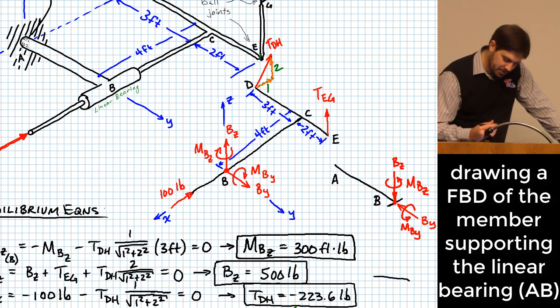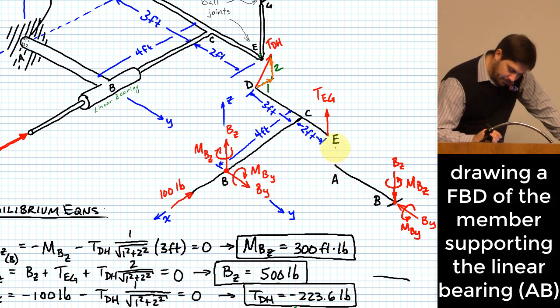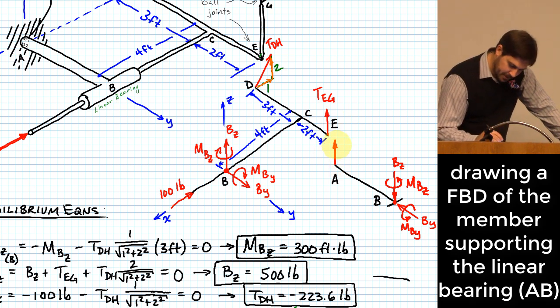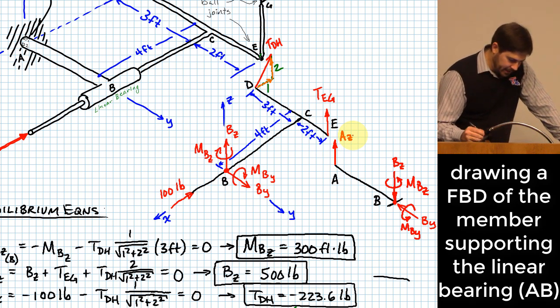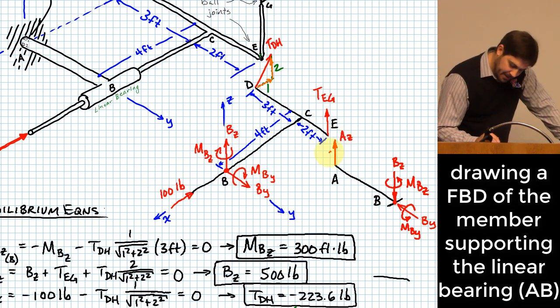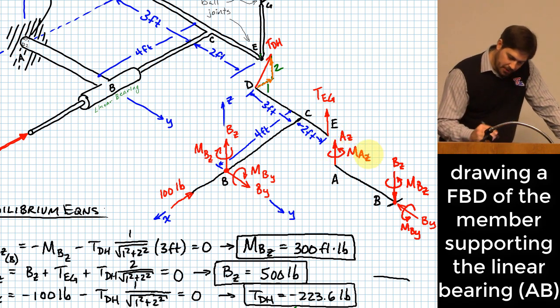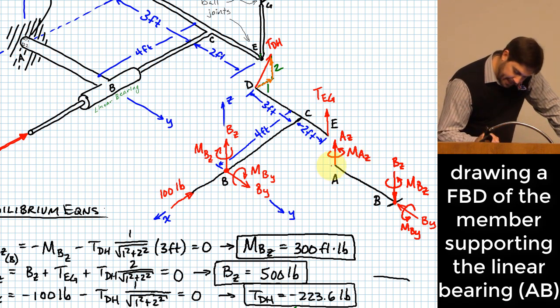Okay, I can just draw them on there, right? I can go for some in the Z. So this would be like AZ. There would be an MAZ. There's also maybe an AX.